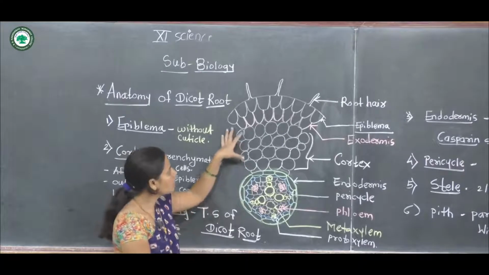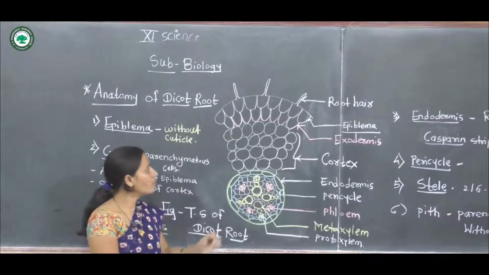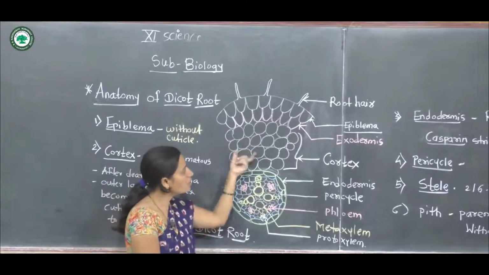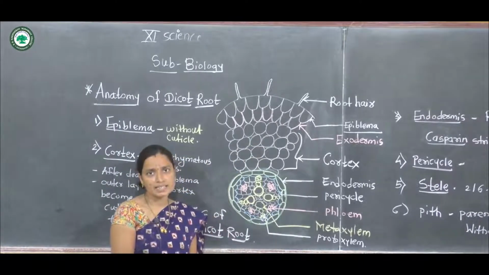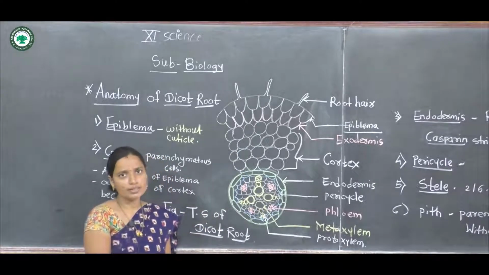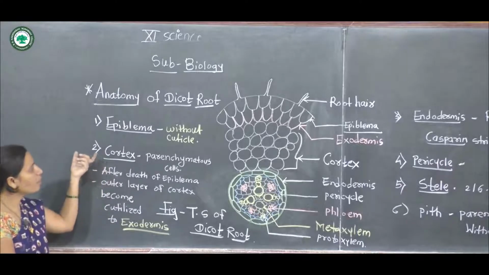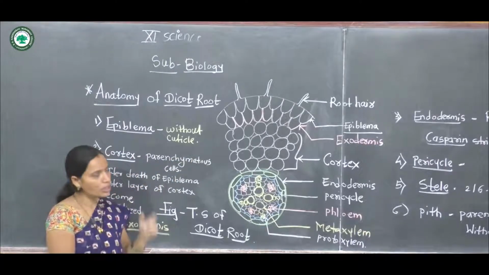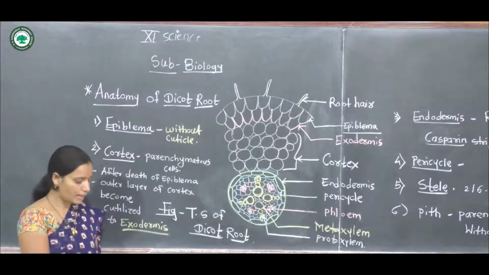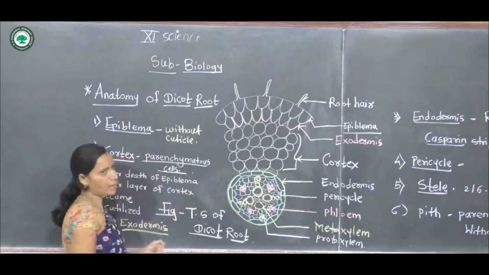It is the most important part of the dicot root, because its cells are oval in shape, and many layers, 1 to 5 layers, arise in the cortex. In this cortex layer, parenchymatous cells are found.